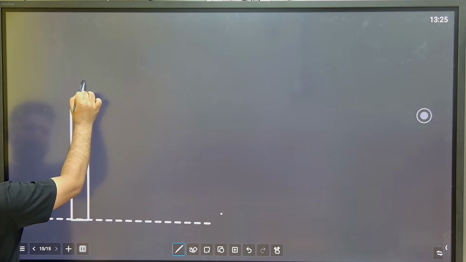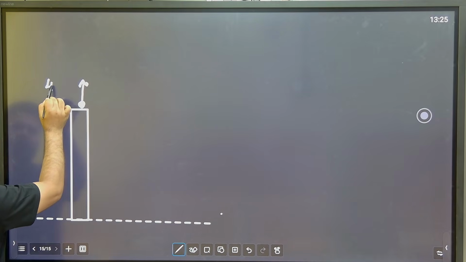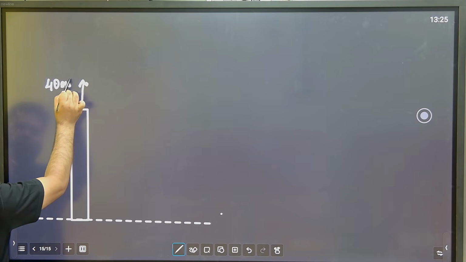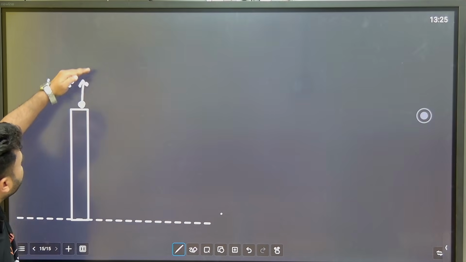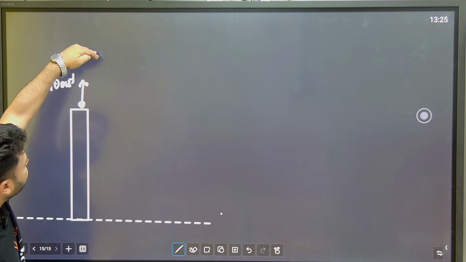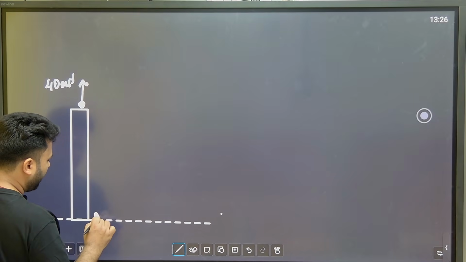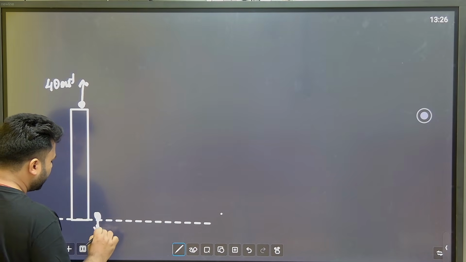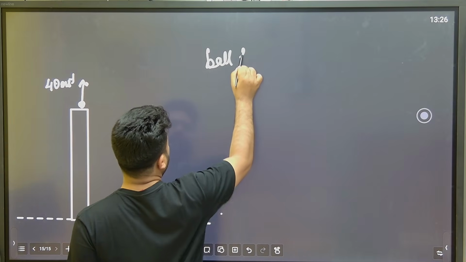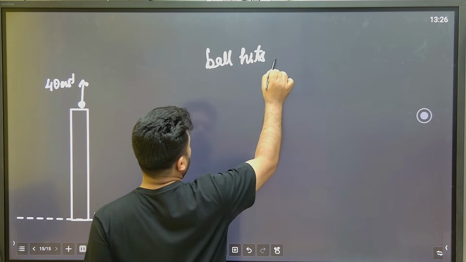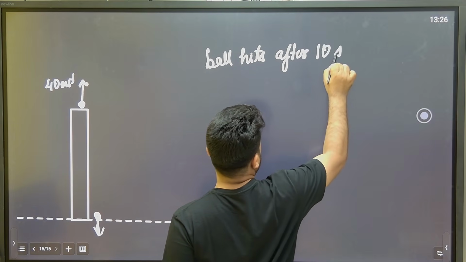You projected the ball up with 40 meter per second. The ball went up and it came down like this and it hits the ground. The ball hits the ground after 10 seconds.